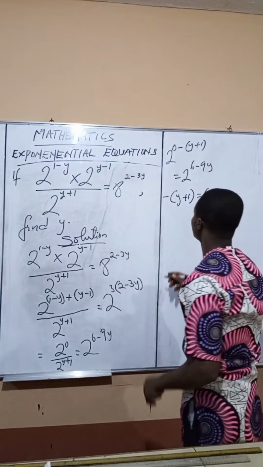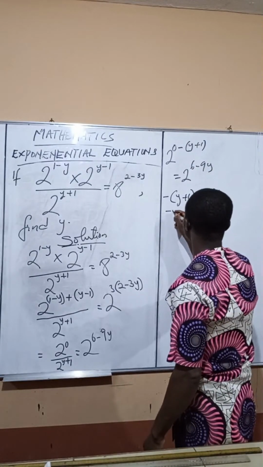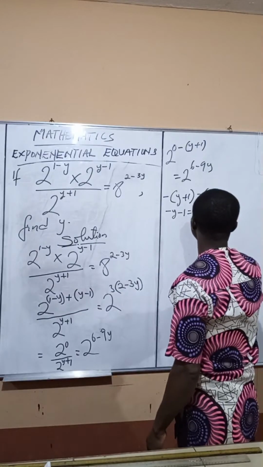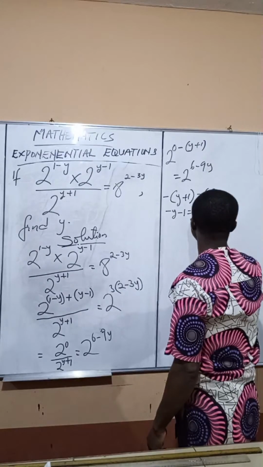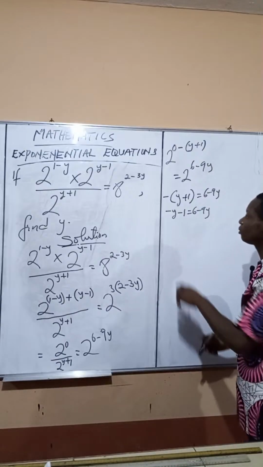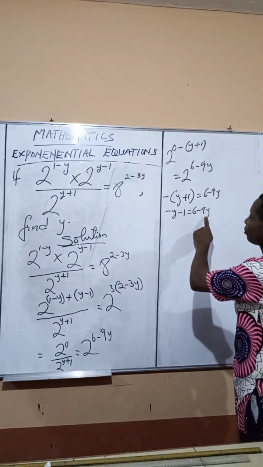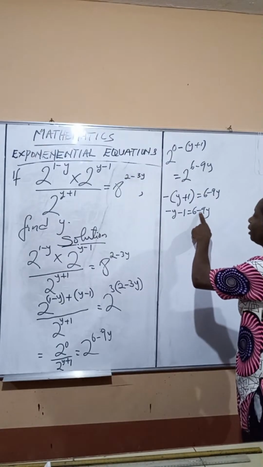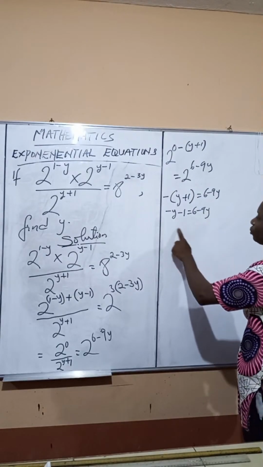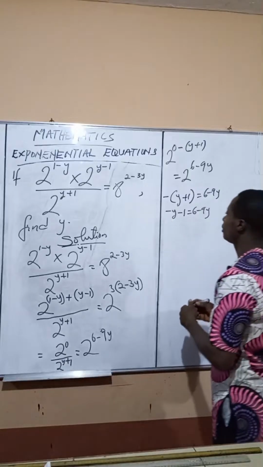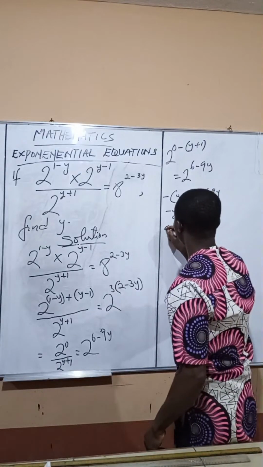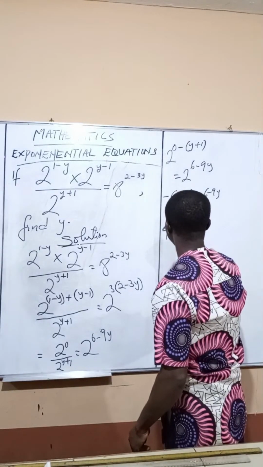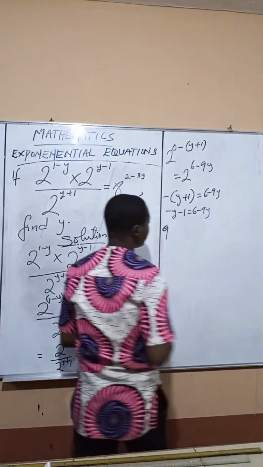If we open the bracket, we are going to have minus y minus 1 equals 6 minus 9y. Then it is time to take the common terms. So bring minus 9y to this side. That becomes plus 9y.